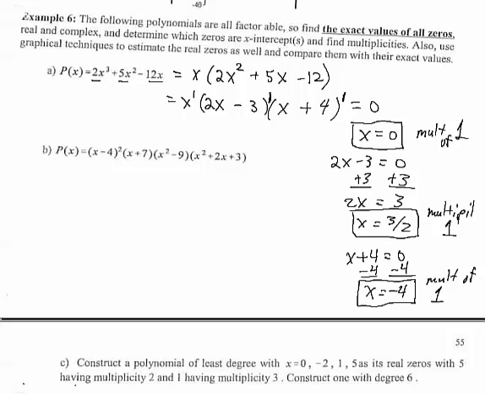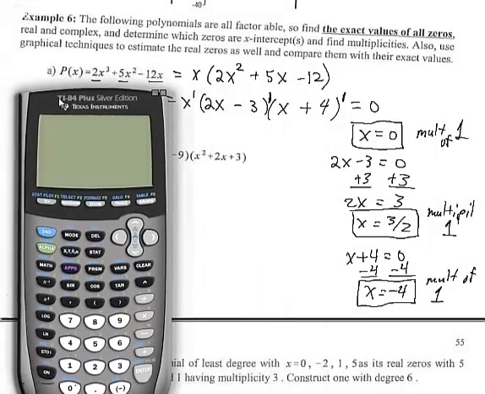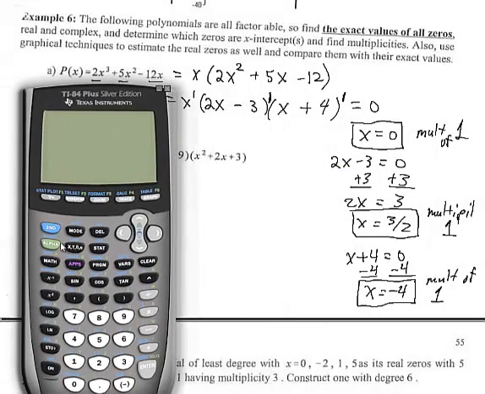If I bring up my calculator, we can verify that graphically. I'll type in 2x to the third plus 5x to the second, and minus 12x.